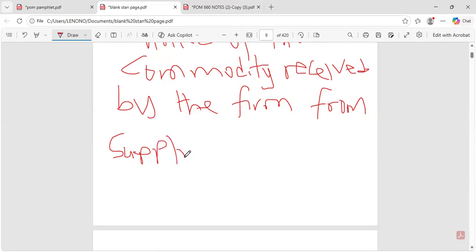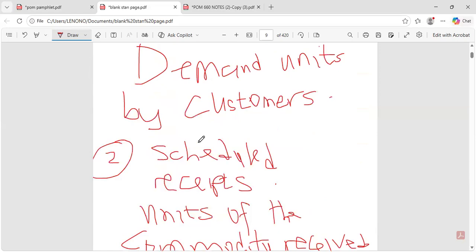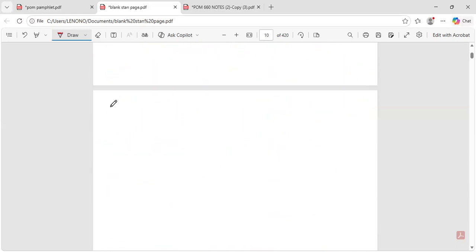So this is it about the scheduled receipts. That's component number 2.